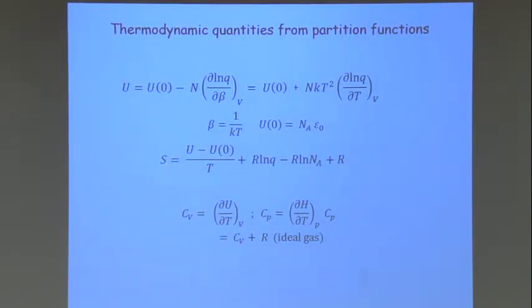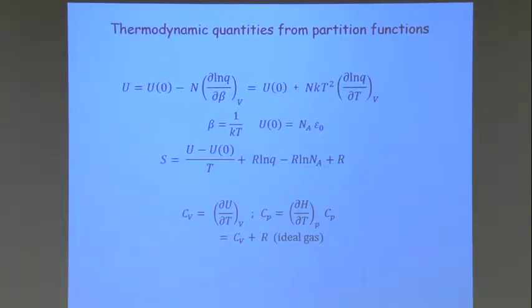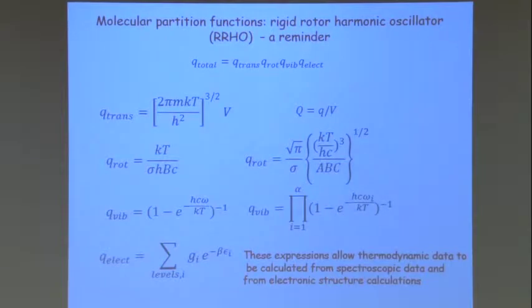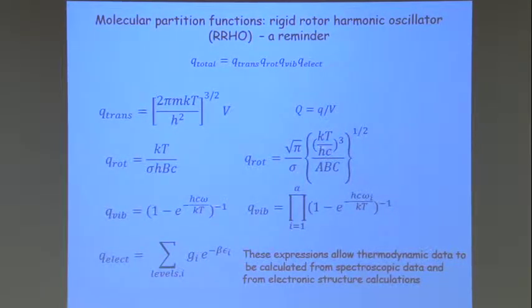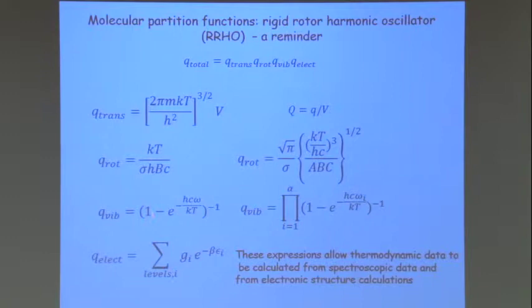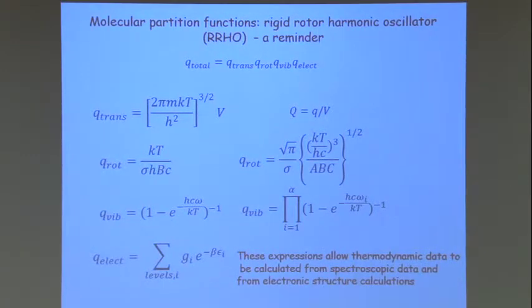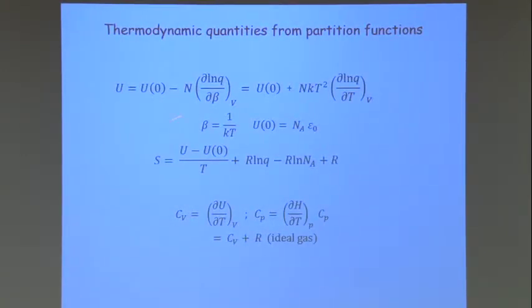And from these, we can get any thermodynamic quantities that we need. But basically, you've got the partition functions dependent upon masses, structures, vibrational frequencies, and electronic energy levels, and you can then pop these into these expressions here to get thermodynamic quantities.